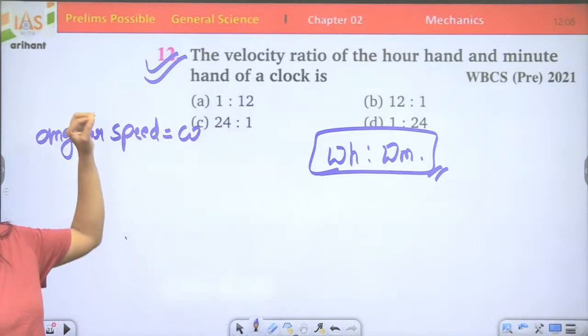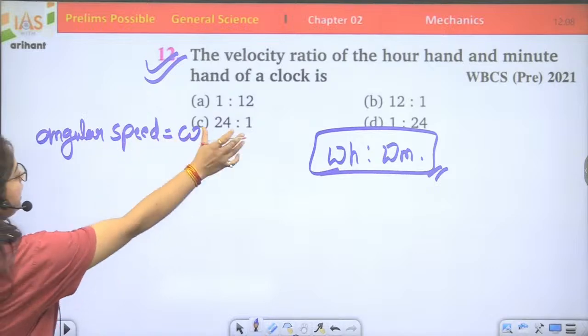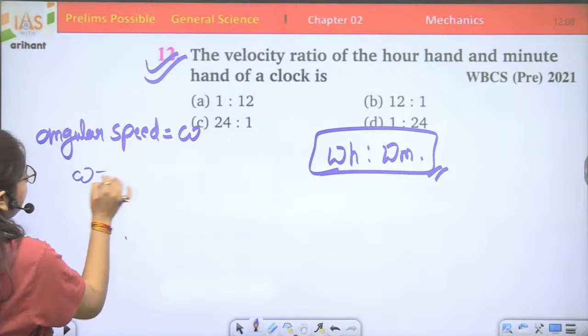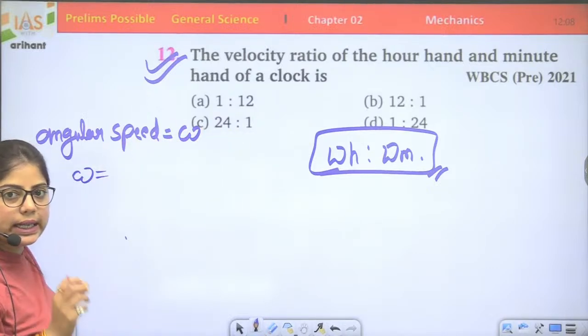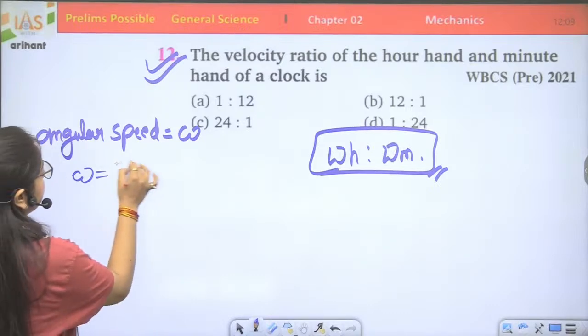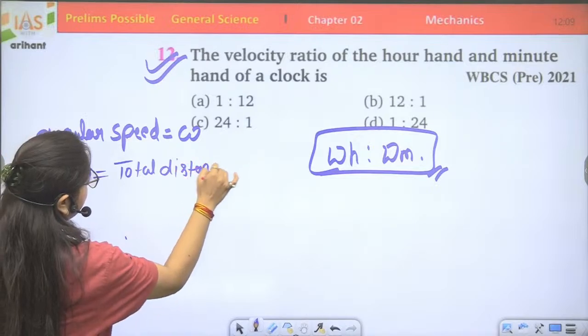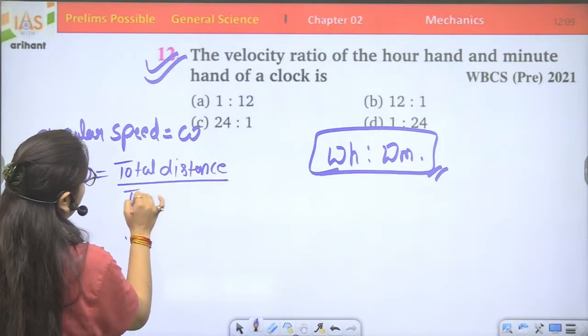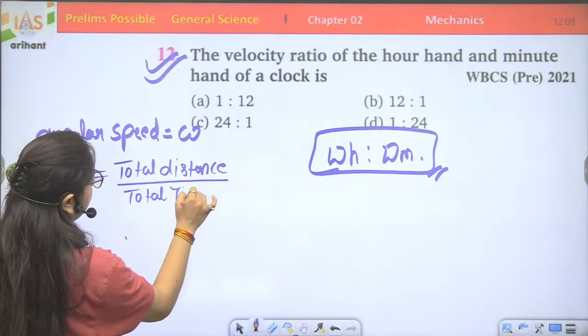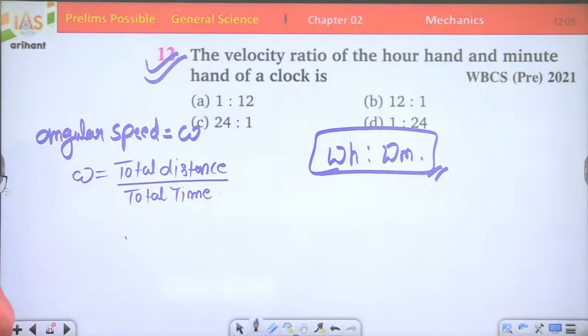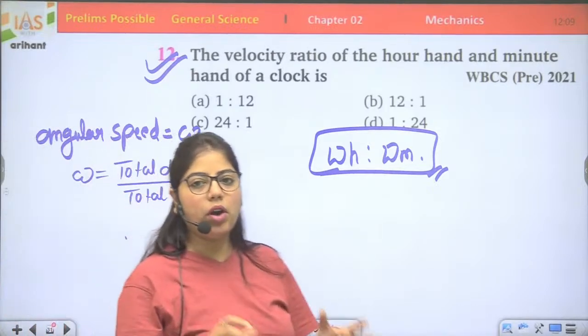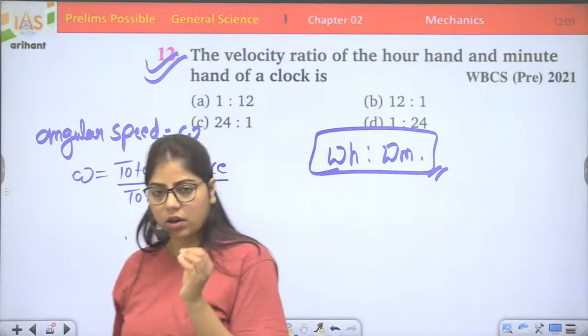What is angular speed? It is equal to total distance covered upon total time taken.